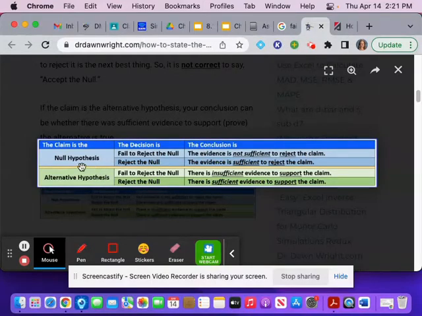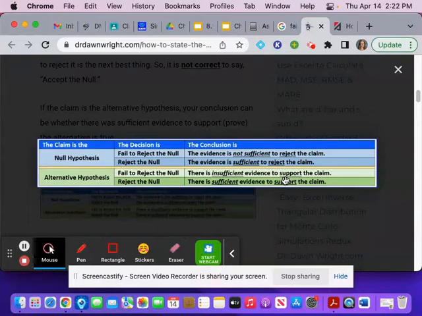It says if we reject the null, that means there's sufficient evidence to reject the claim. That's about the null. But the alternative is what we're actually looking at: do a majority of people feel uncomfortable about drone deliveries? If we reject the null, there is sufficient evidence to support the claim. So that's what we are going to write.